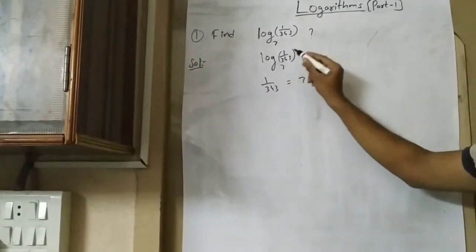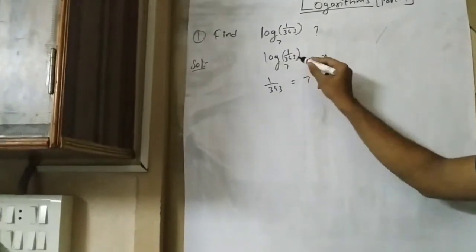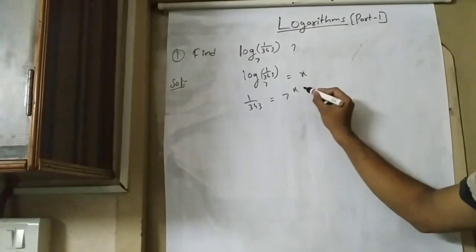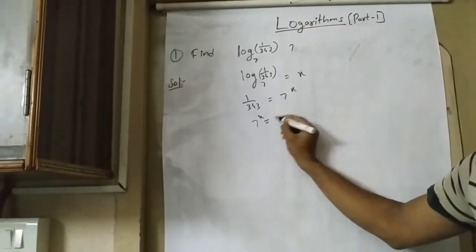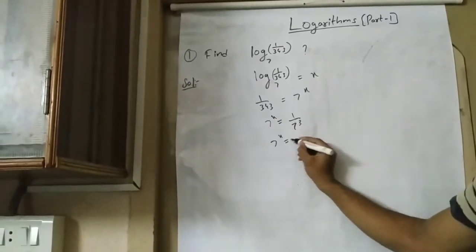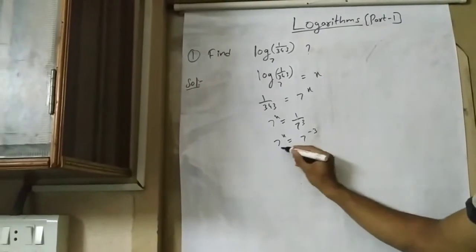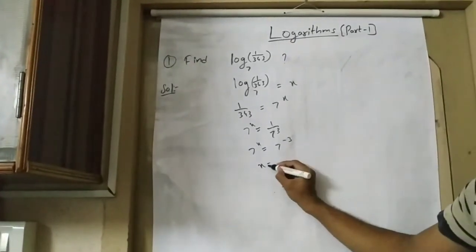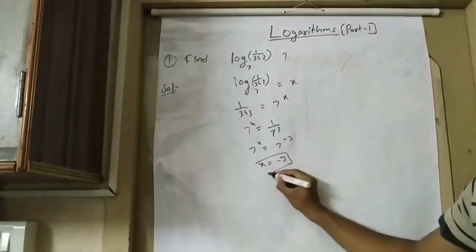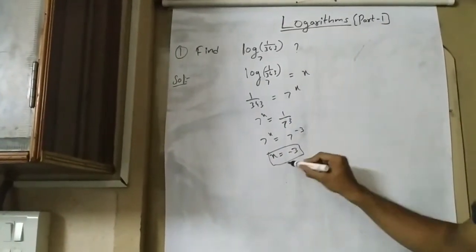We know the formula: if log a base m is equal to x, then a is equal to m power x. Similarly, 1 by 343 is equal to 7 power x. 1 by 343 means 7 power minus 3. So 7 power x is equal to 7 power minus 3. If bases are equal, powers must be equal. So x is equal to minus 3.